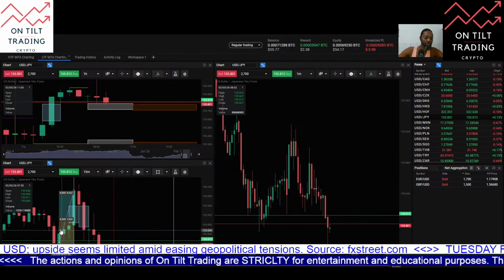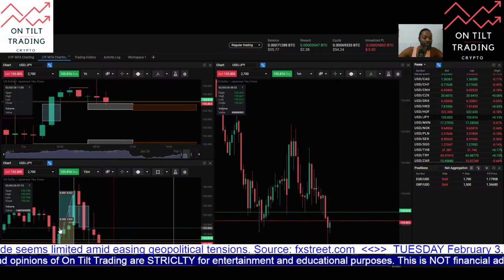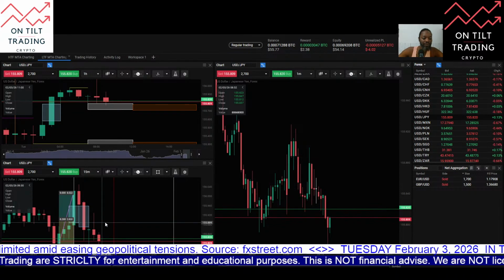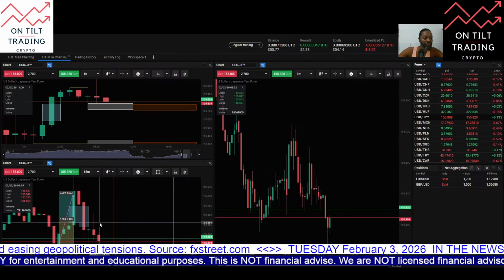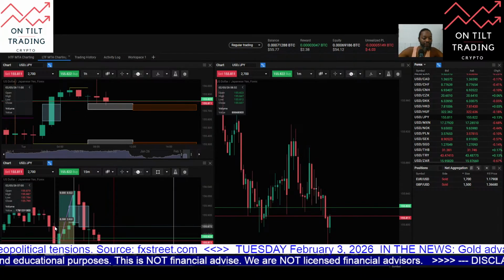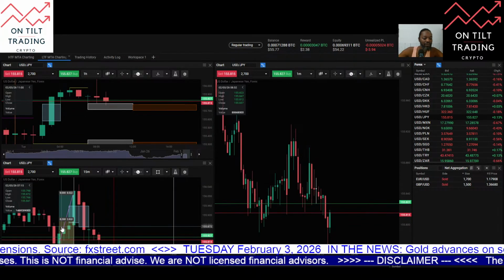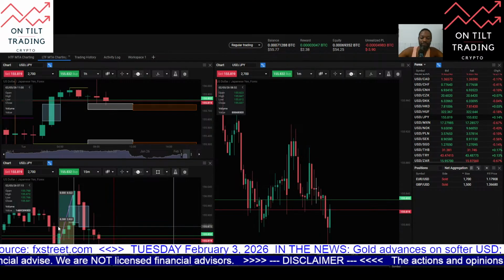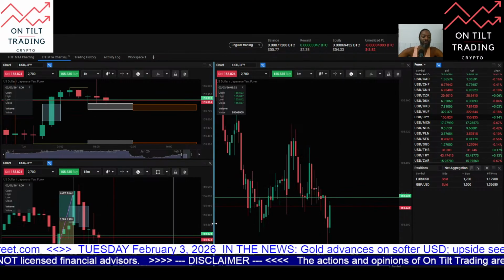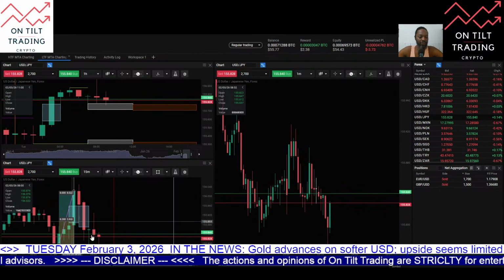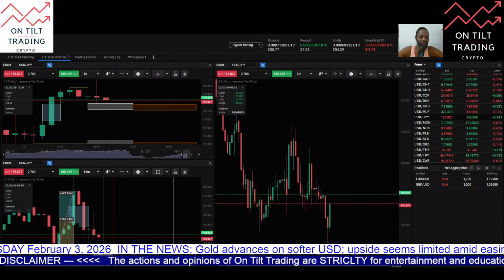So this swing low here on the 15-minute is 155.766. The low here is 155.765. So there's been a sweep. So there is no need for price to go lower unless it wants to close below.